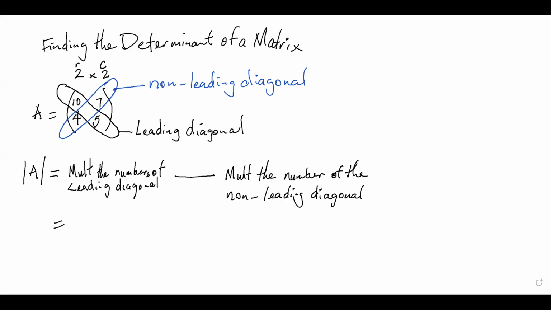Jada, multiply the numbers of the leading diagonal. How much will you get? Kyla, multiply the numbers of the leading diagonal. Tell me what you get. Okay. 50.